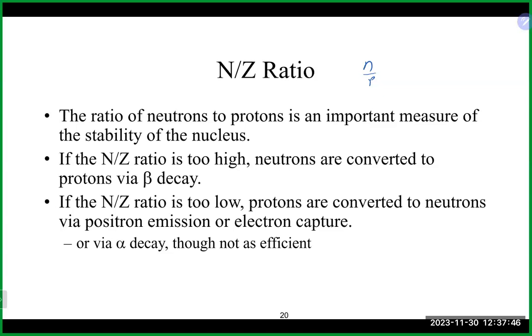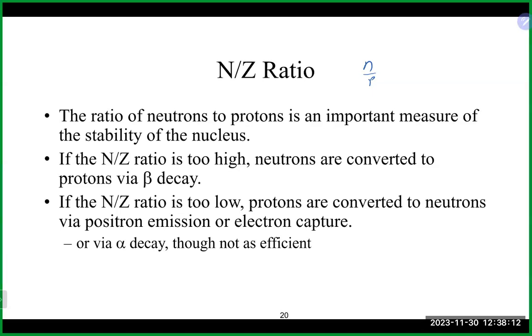So if you check something for stability by doing the neutron to proton ratio and you find it's too high, that nucleus will go through beta decay. It may not perfectly correct it after that first process, but it should move your ratio back towards okay. It shouldn't move you further away in the wrong direction.